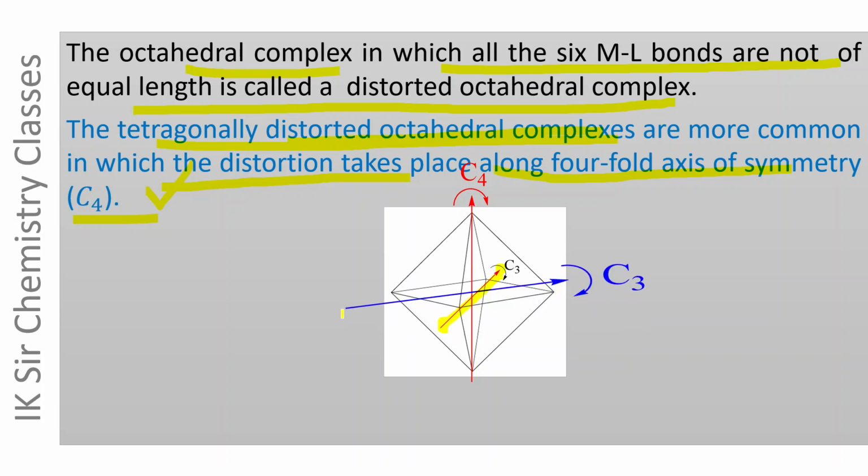And this axis is C2, not C3. It is C2, which passes through the centers of two opposite edges.